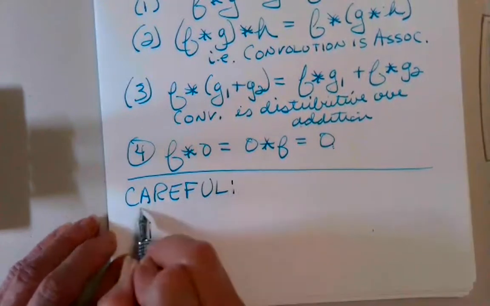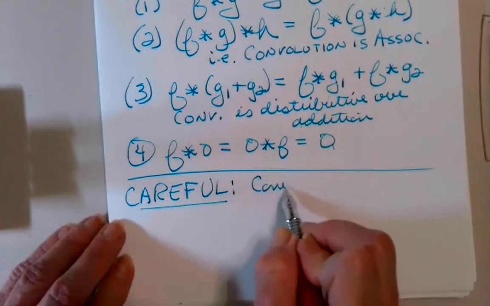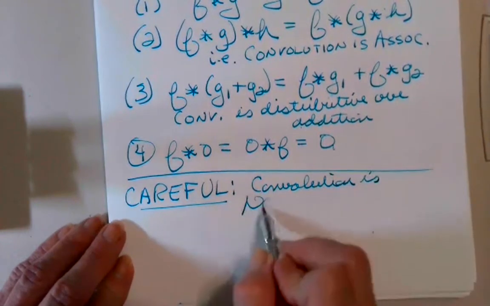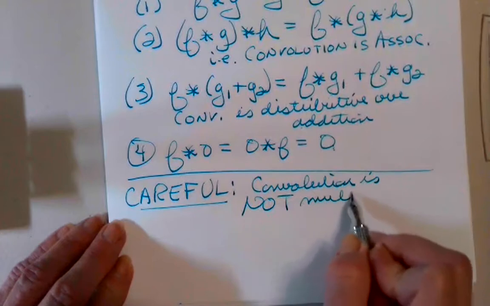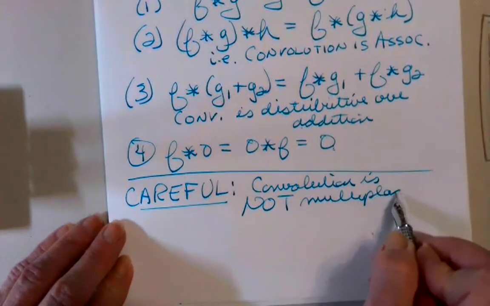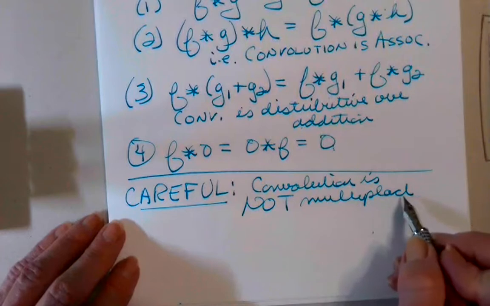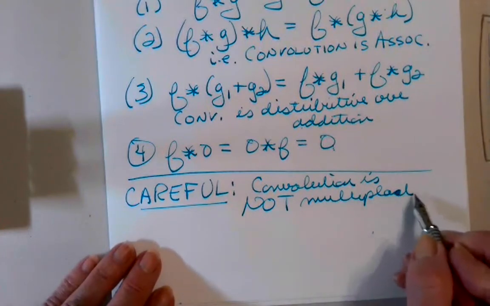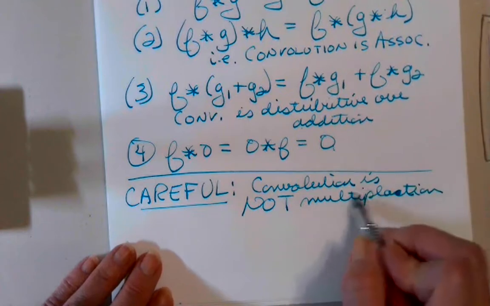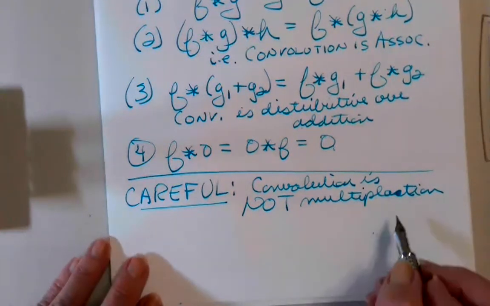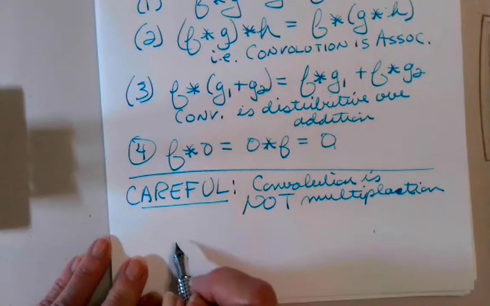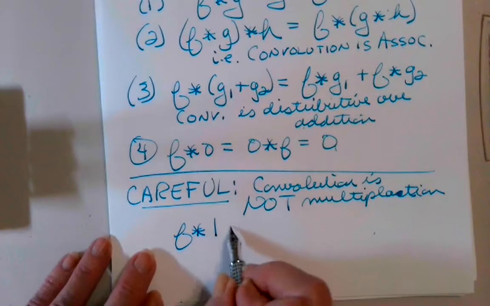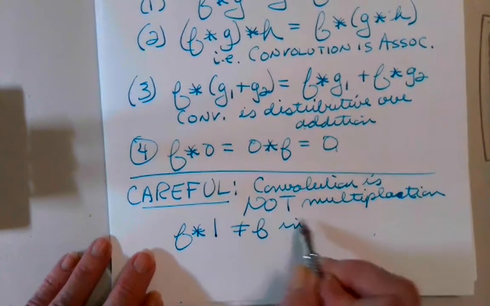Convolution is not multiplication, because, for example, if you take f and you convolve it with 1, you do not get f in general.